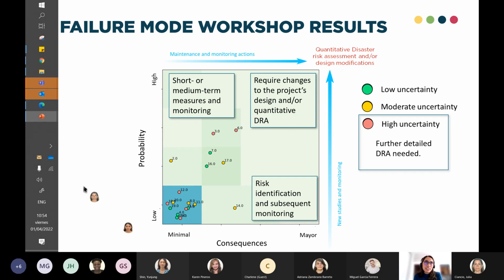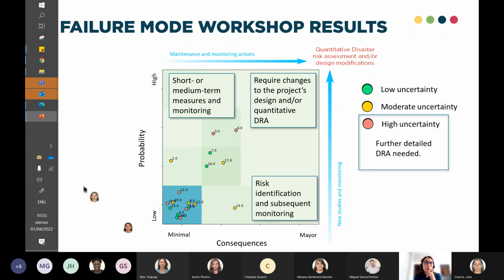The idea, and at least what we want here as we implement the methodology in the bank, is to always have a disaster risk management plan for the projects. That doesn't depend on whether the analysis was qualitative or quantitative. We want to have this document, this instrument, for the monitoring of the operations during the execution phase.